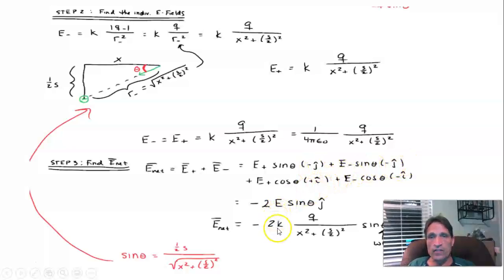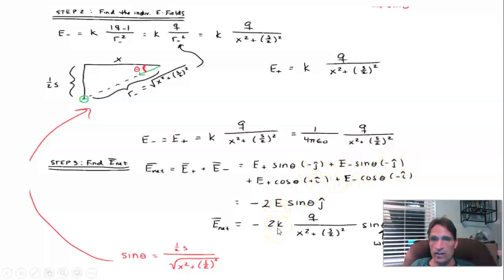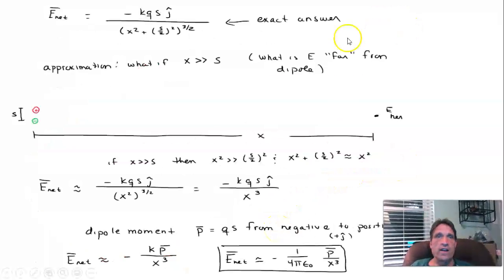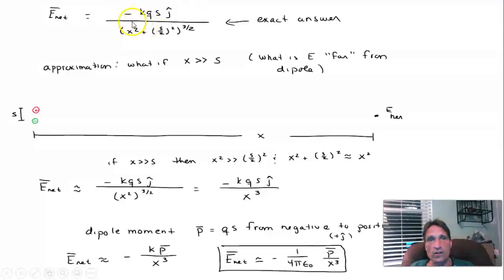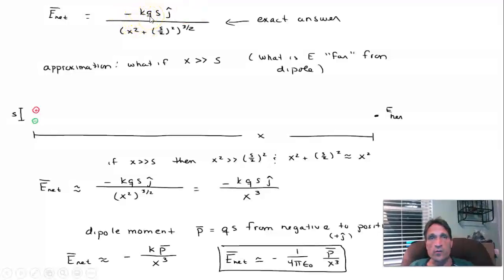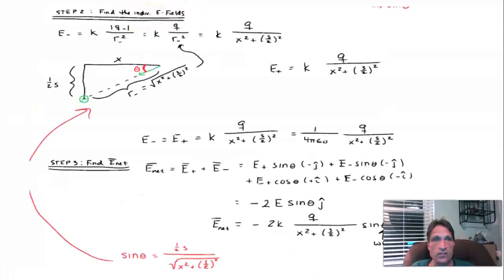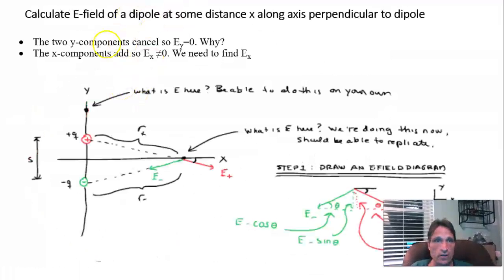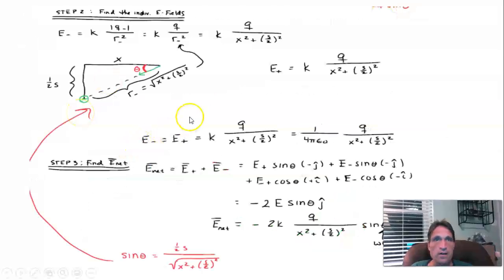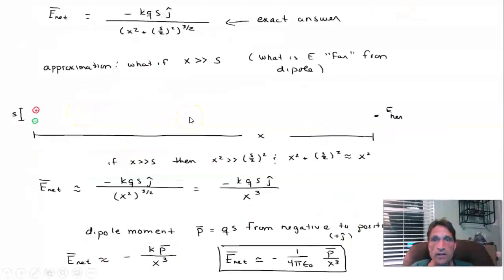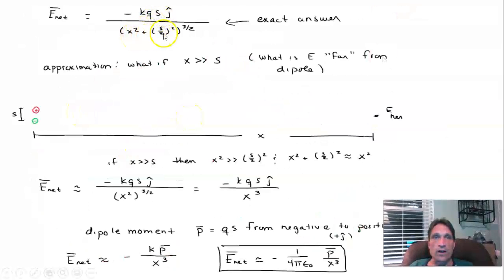So we add these up, and we get that the net, the total electric field, is negative kq, where q is the magnitude of each of these charges, times s, the distance between them, divided by x squared plus (s over 2) squared to the 3/2 power.